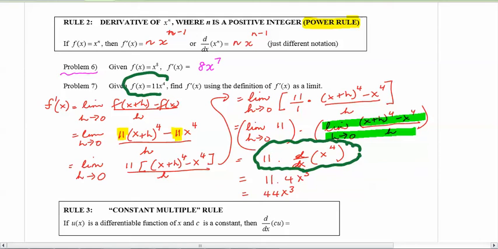And look what we did. My original function was 11x to the fourth, and what was the derivative of it? 11 times the derivative of x to the fourth. So this is the important thing to take away.